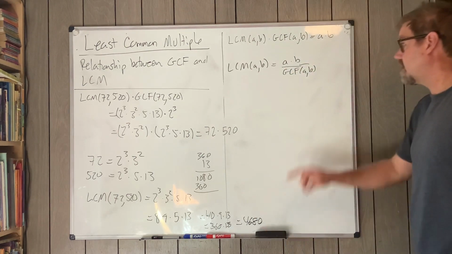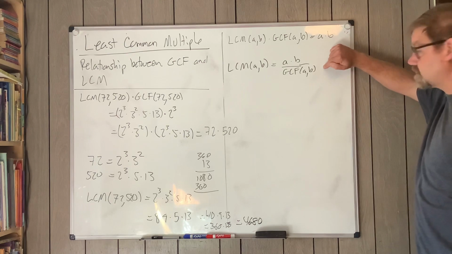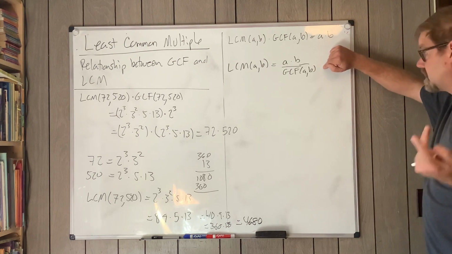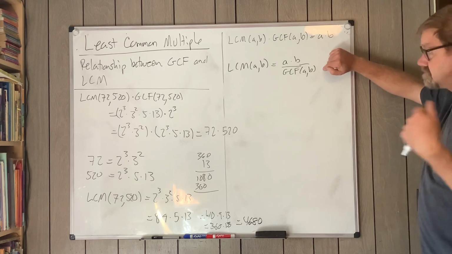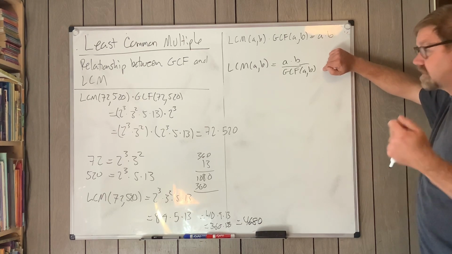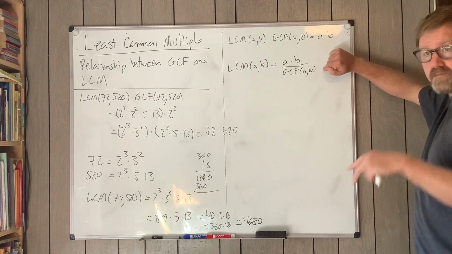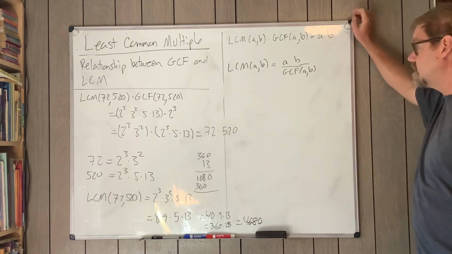And the reason why is usually the GCF is a little bit easier to find. One thing is that it's always smaller. It's smaller than a and b always. It's just the nature of it, right? It's the greatest common factor. Factors are at most either a or b.